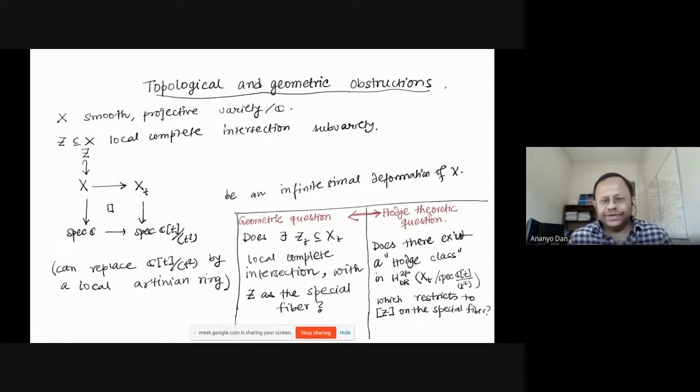For example, if the codimension of Z is P, it will be a (P,P) cohomology class. If you are not familiar with this notation, I will get back to it in the next slide, so not to worry. There is just a notion of the Hodge class. Similarly, you can ask whether, when you have an infinitesimal deformation of X, this cohomology class or Hodge class deforms as a Hodge class.